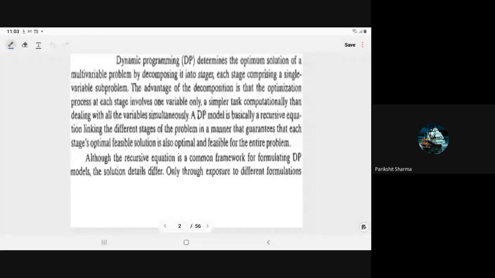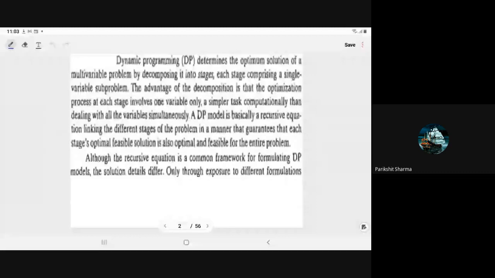Then the optimal and feasible solution of stage 1 and stage 2 will remain optimal and feasible for stage 3, and so on. As you compute the optimal solution of stage n, that will be the optimal and feasible solution for the entire problem. That means nowhere will the optimality and feasibility of previous stages be disturbed.